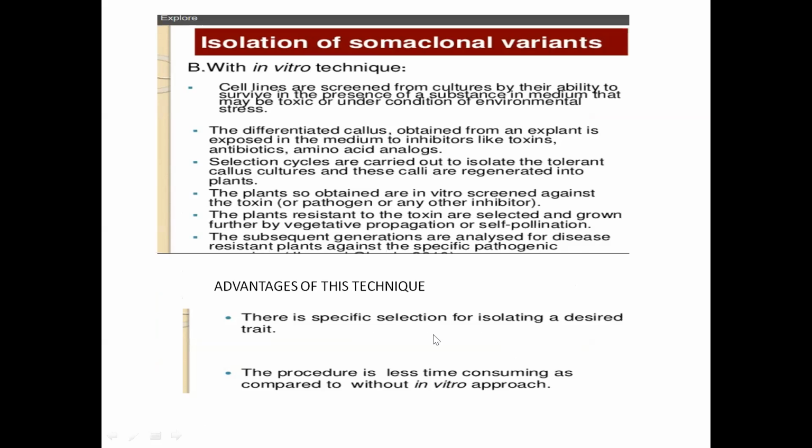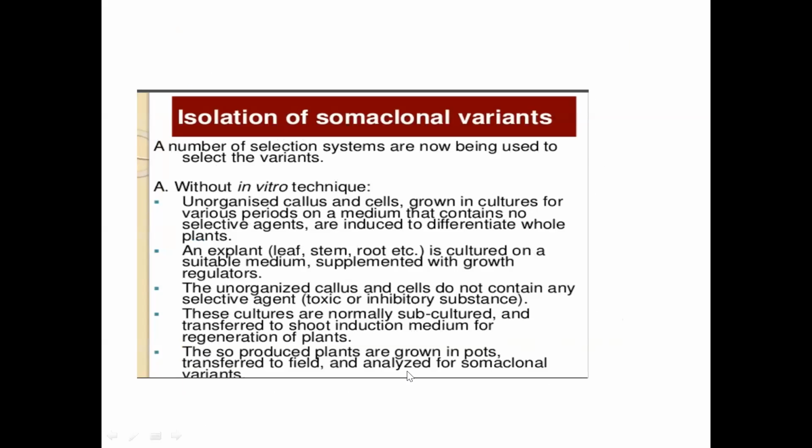So the specific selection for isolating a desirable trait you can use in vitro technique, and it is less time consuming because throughout the micropropagation process, you are able to see which callus is surviving. In the previous technique, you don't have any method to see whether the callus is surviving or not, because you don't include any chemical into the medium.